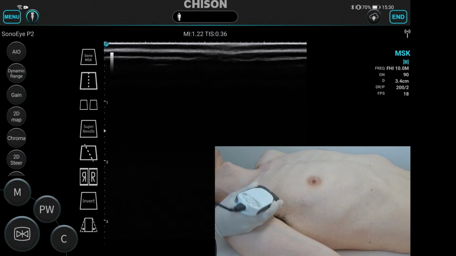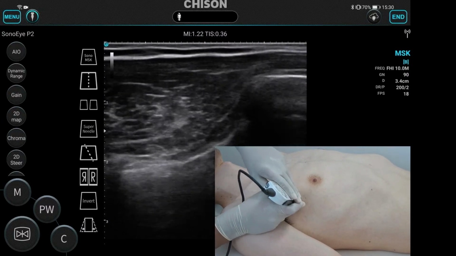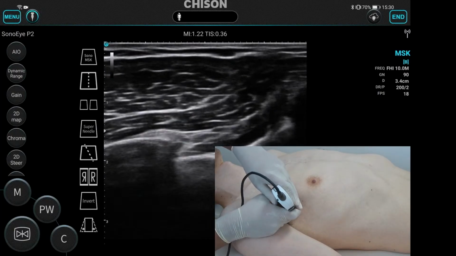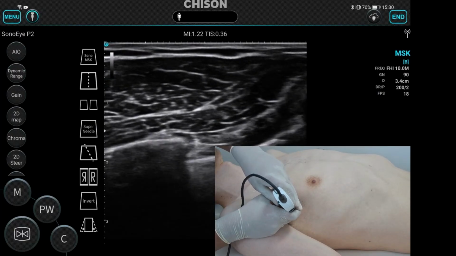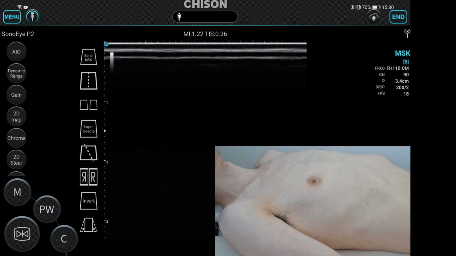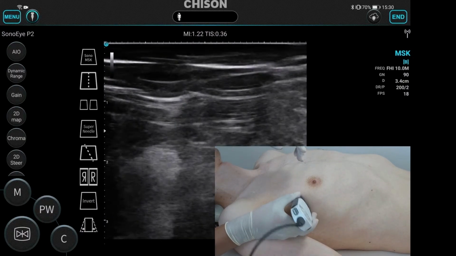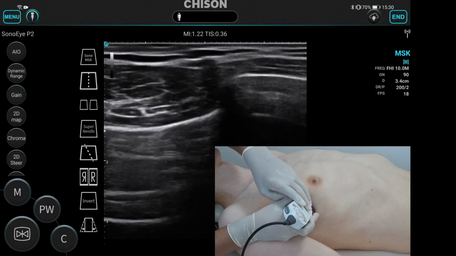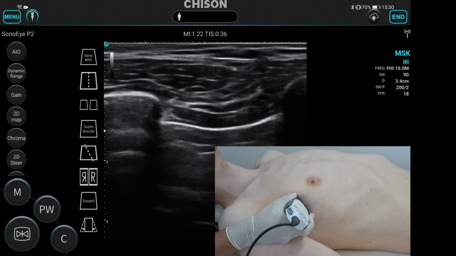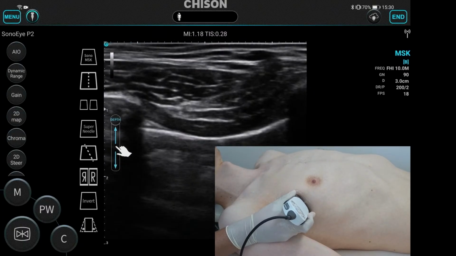Now moving to the PEC2 block from here at the same position. We are already here at the PEC1 position where we can see the thoracoacromial artery. If we keep moving, need a little bit of gel. Reduce the depth a little bit so that we can clearly see.